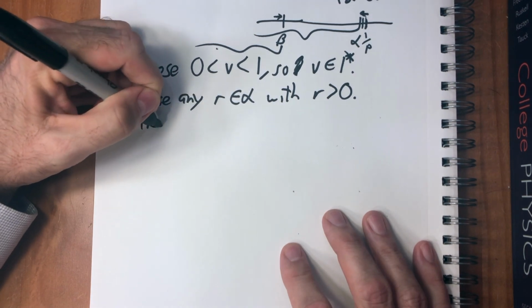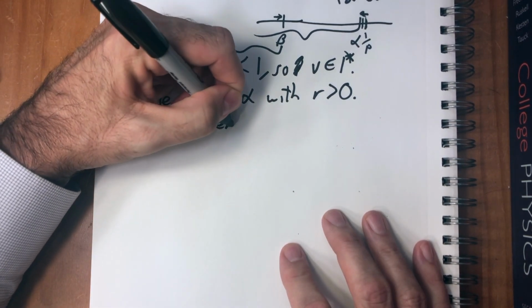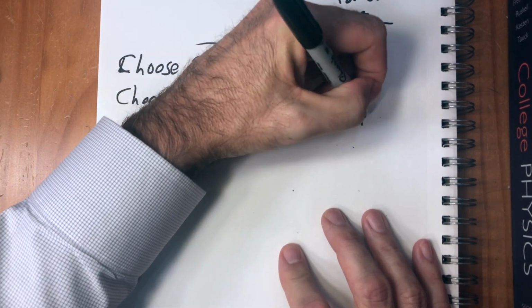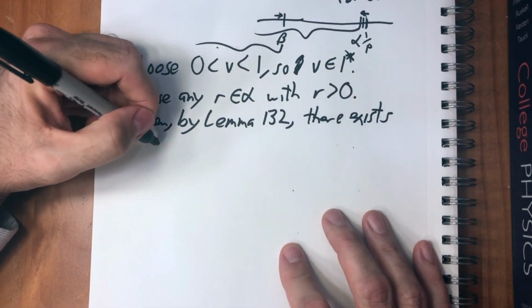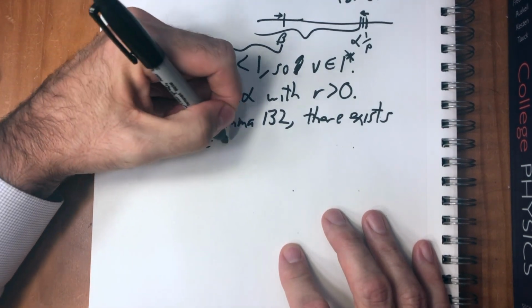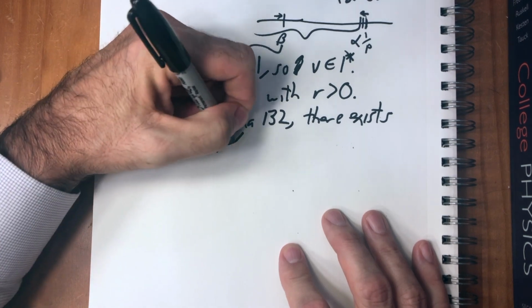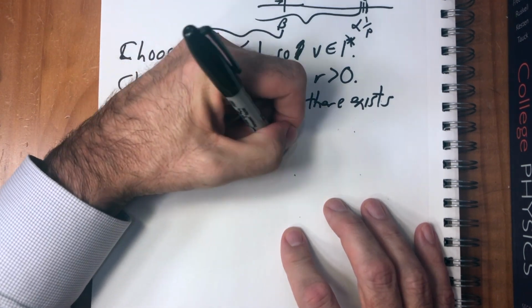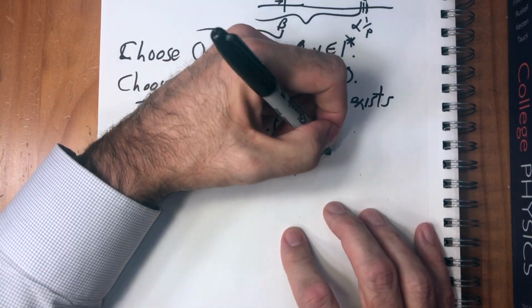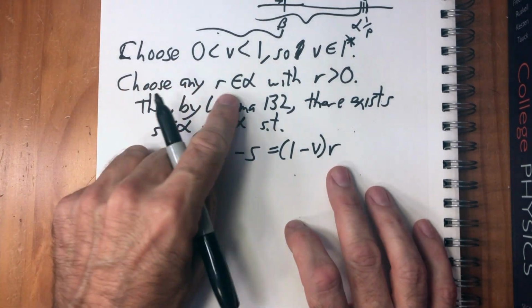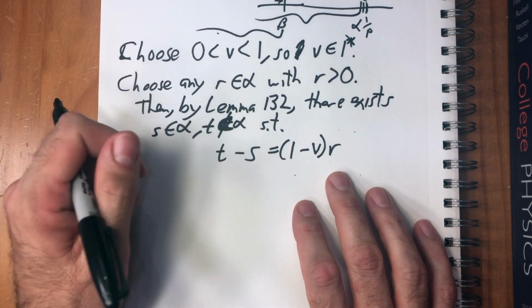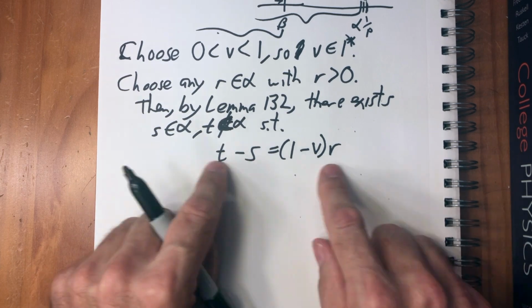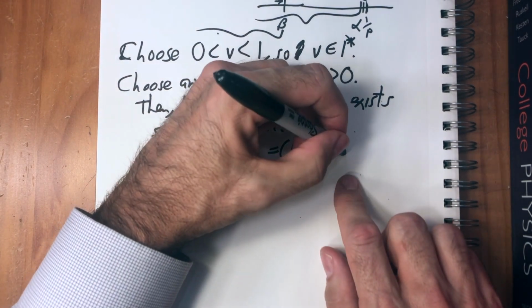Then by the lemma we just did, there exists an S that's inside alpha and a T that's outside alpha, such that T minus S equals (1 minus V) times R. R is our arbitrary element in alpha, T is outside of alpha and S is inside of alpha, and this is the lemma. Just remember that, think of this as one number here.